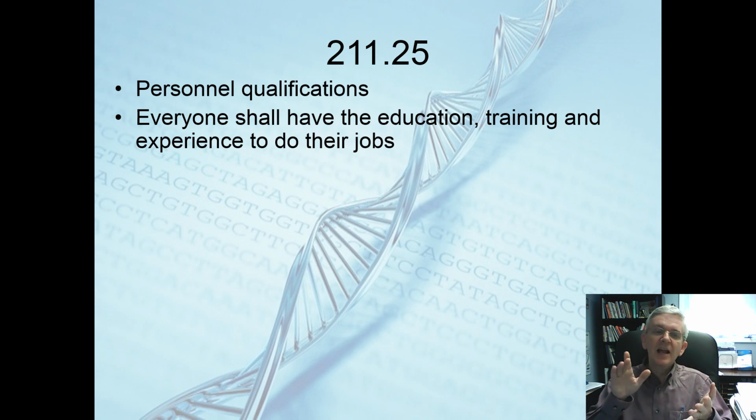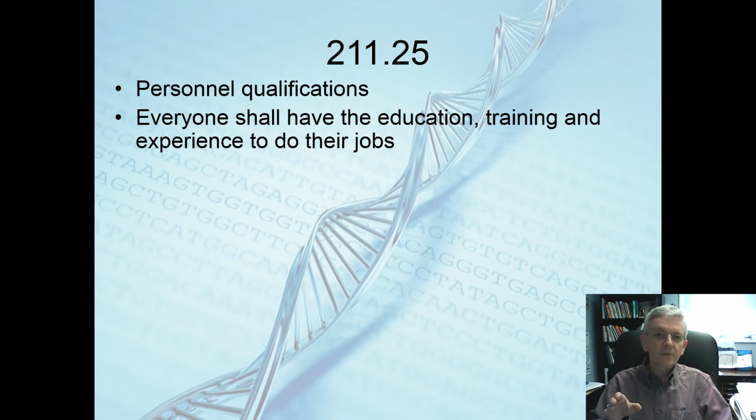And that means everyone, from the janitor, the line operators, the inspectors, people in the warehouse, all the way up to your executives. If an executive looks at data and makes a decision, are we in control? Are we in compliance? What do we do? They're making a GMP decision. You have to have the education, training, and experience to do that task.